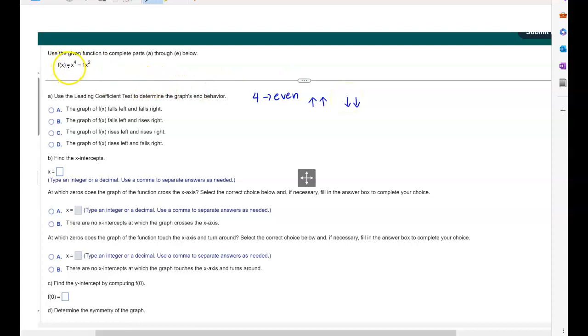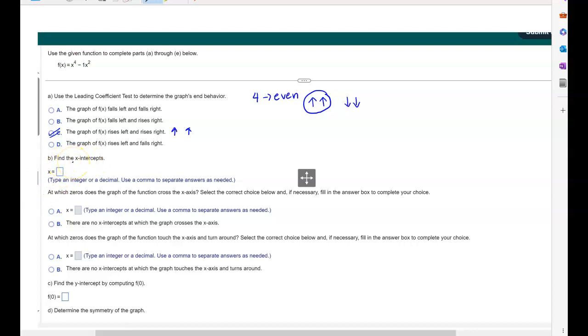If it is positive, like in this case, where it is equal to 1, then that means that both endpoints, the left and right, are rising. So that means the answer here is the graph of f rises left and rises right. So that means this behavior here. So that's the answer.